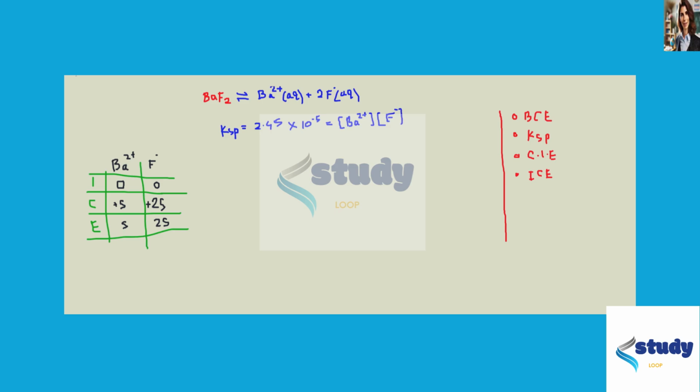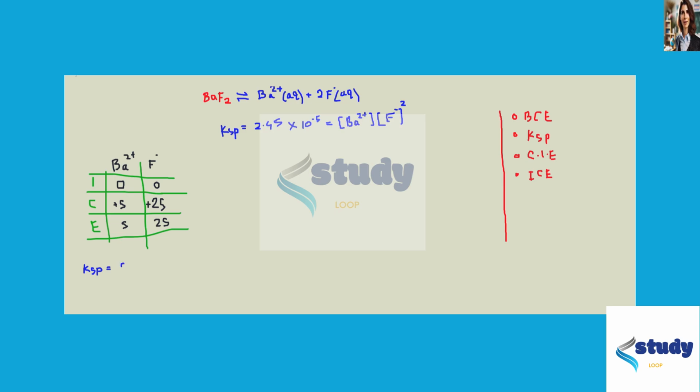But as there is a 2 here, we need to get a power of 2 there. Now if we consider the Ksp of this dissociation, then we will put the concentration of barium 2 plus here, that is S at equilibrium.